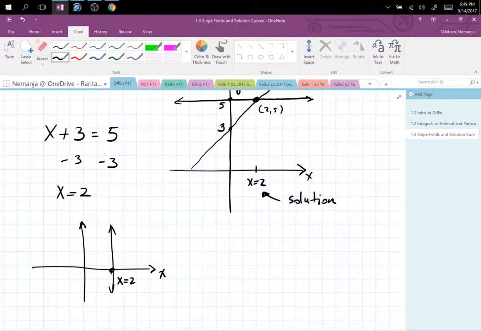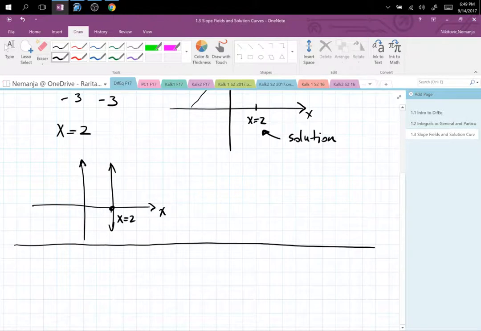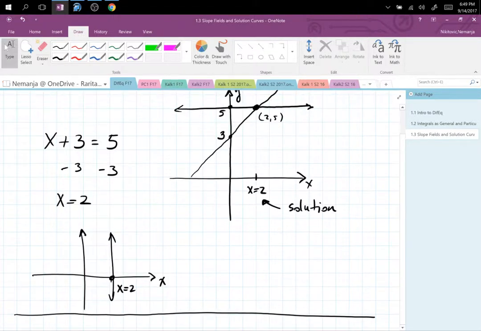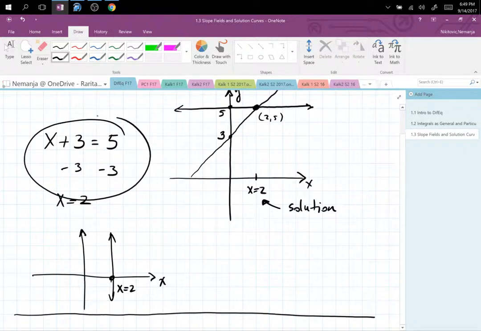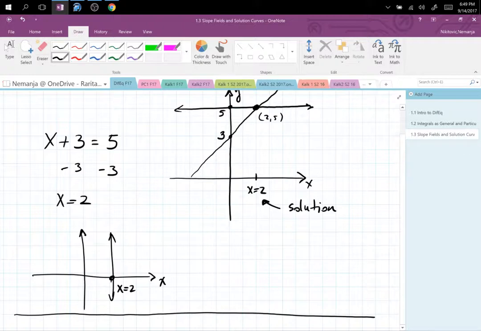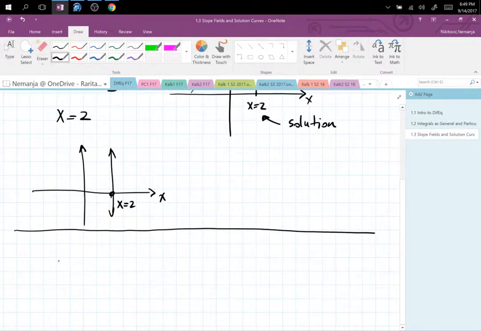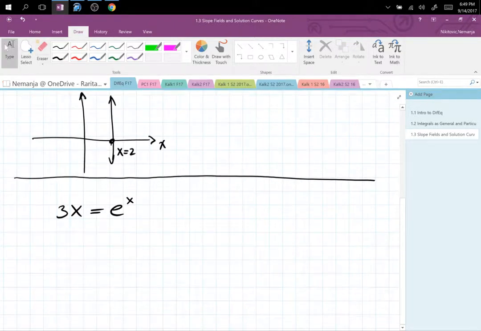What is important for you to realize, and you realized this maybe in pre-calc 1, depending on how it's taught, is that there are equations that cannot be solved by these means of algebraic manipulation. You have an equation that says 3x equals e to the x. You can just cry here, because there is no way to isolate x.